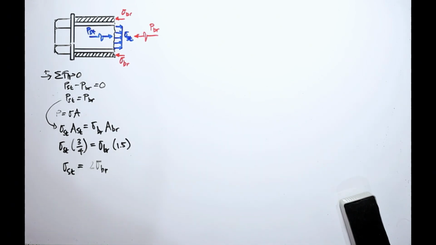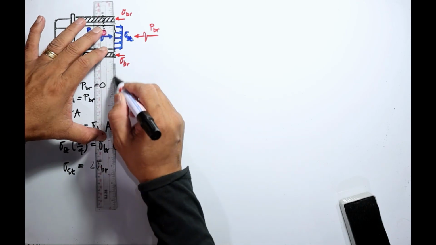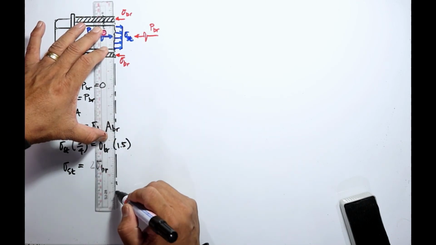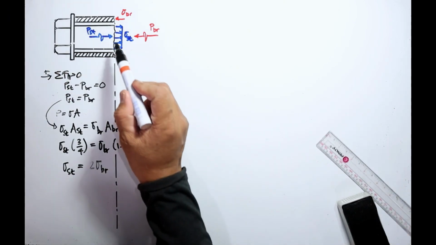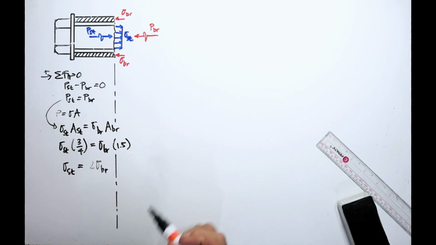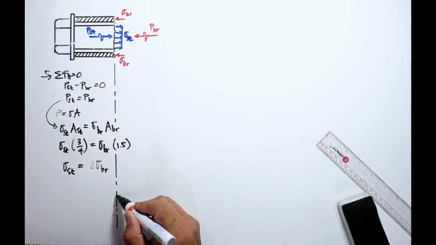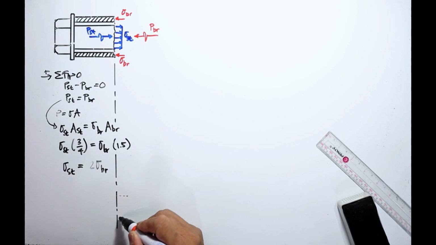So there are two unknowns here, the stress in the steel and the stress in the bronze, and there's only one equation. So the other equation can be generated from the geometry of the deformations. Let us say, for example, we use this line as our reference line for the deformation. Due to this tensile force in the steel, the steel bolt will expand.